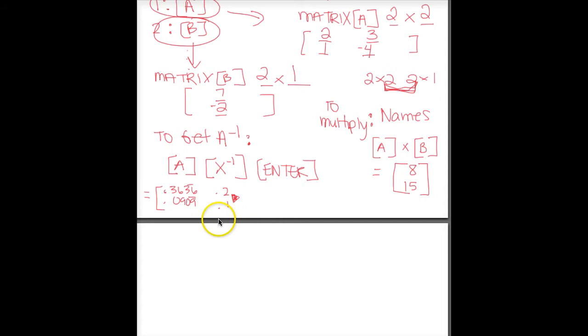That arrow means that if you scroll right, you can see more of the answer. But regardless of whether you scroll right or not, that's really messy because those are repeating decimals. And hopefully you remember from way back in the day that if decimals end or repeat, that means that they are rational, meaning they can be written as a fraction. We would like our answer to be in fraction form.